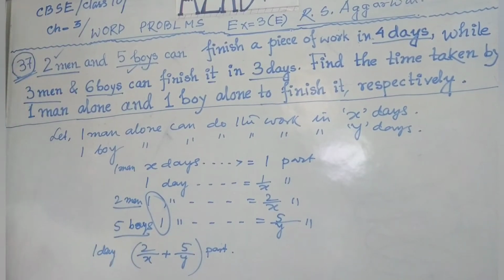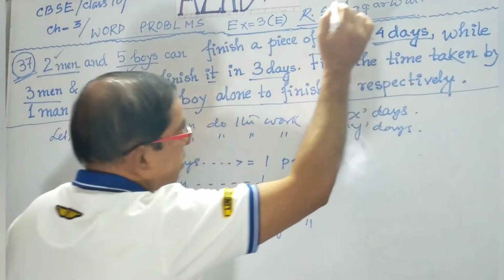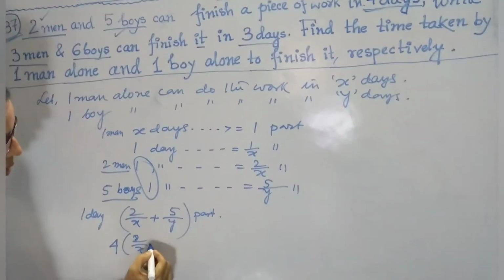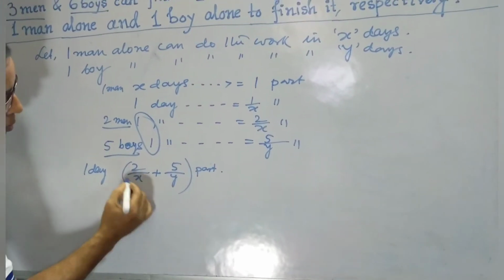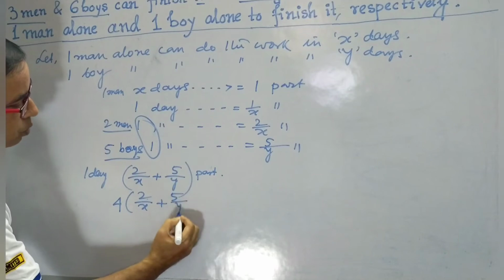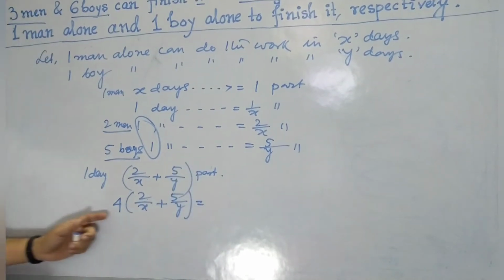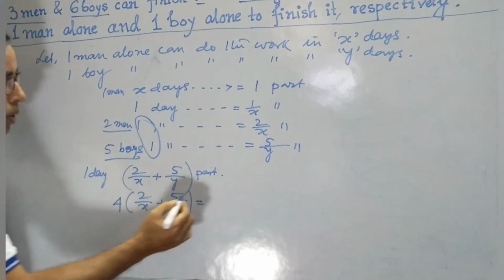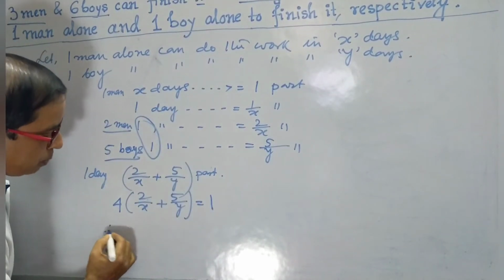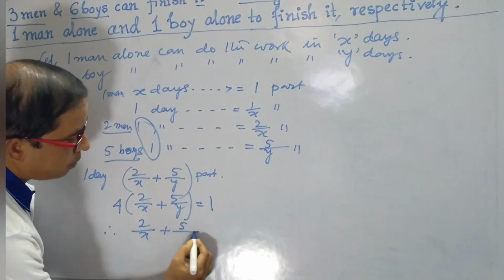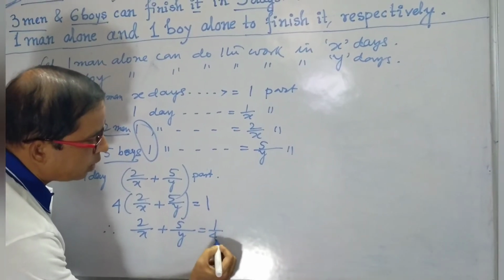But if they work for 4 days, they will do 4 into (2 by X plus 5 by Y), and in 4 days they completed the work. Complete means the whole part. What is the whole part? The whole part is 1. So the first equation is 2 by X plus 5 by Y equal to 1 by 4.